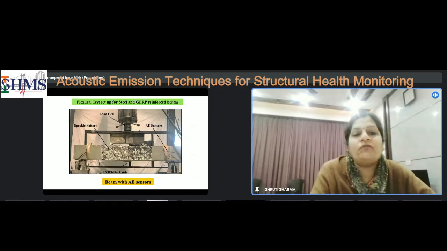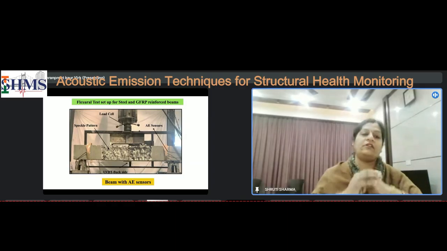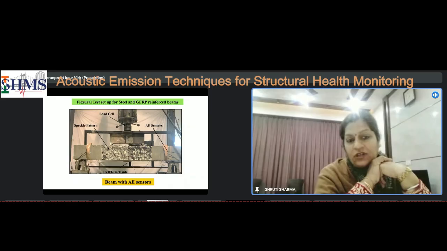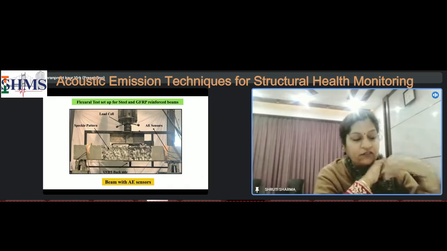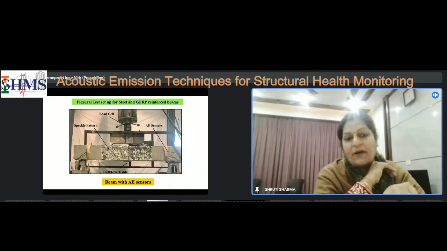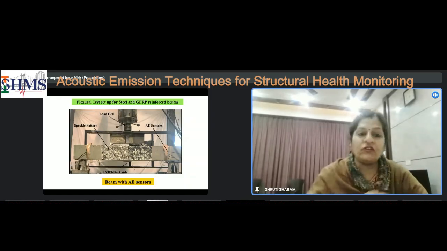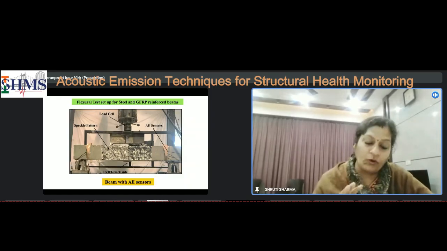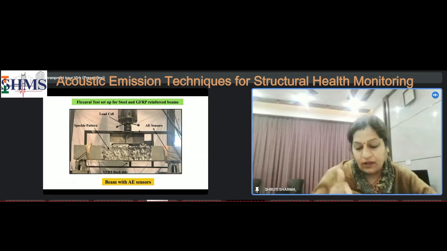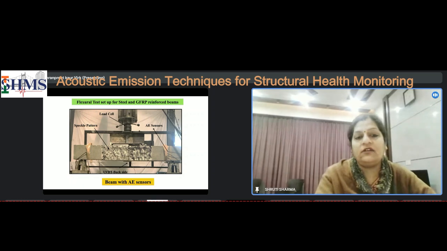Here you see something called a speckle pattern. We deliberately put it there because the tape shows the AE sensors, 6 sensors, but the speckle pattern has been put because we were taking pictures side by side, and we wanted to correlate with digital image correlation, the comparison of the visual image and the DIC image.